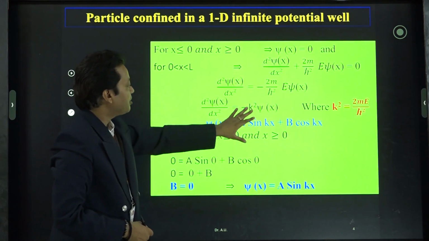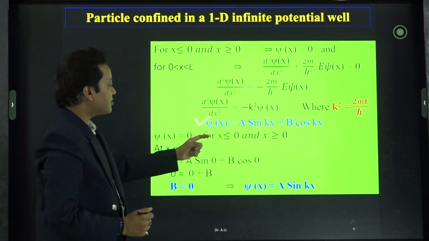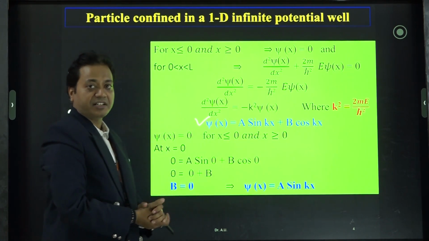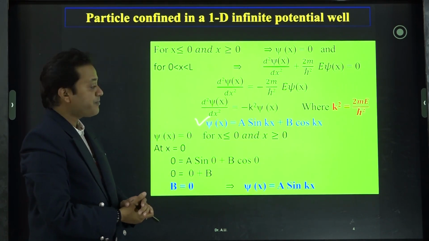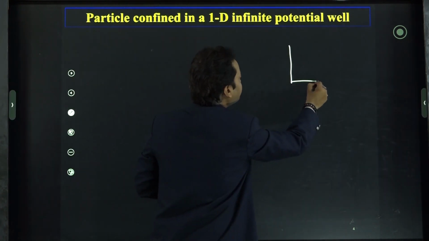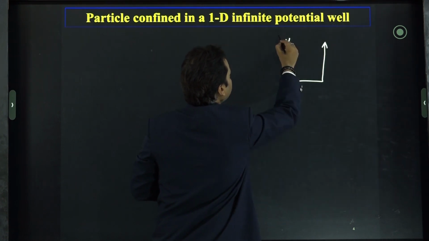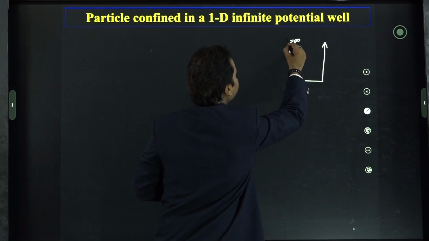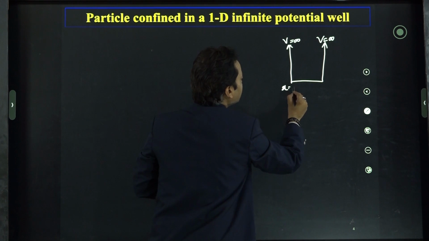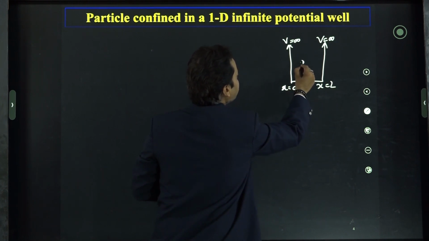We have done psi of x is equal to a sin of kx plus b cos of kx. Now we have to find out the values of a and b by using the potential well. V is infinite at x equal to 0 and at x equal to L, and the particle is moving inside this well.